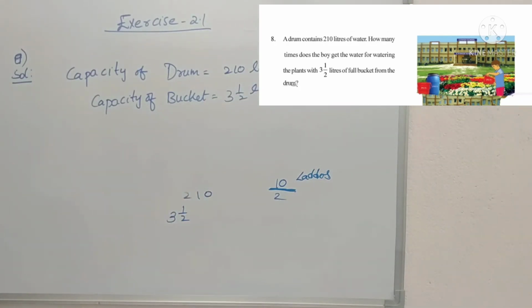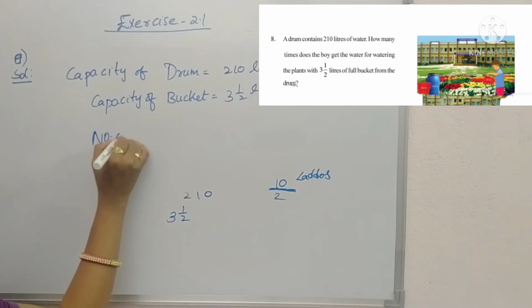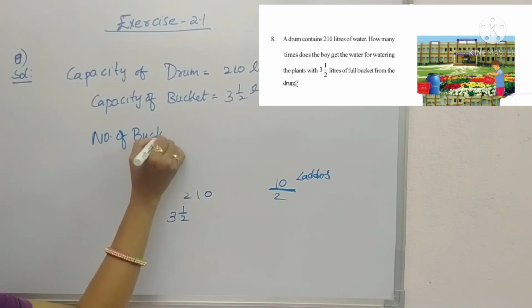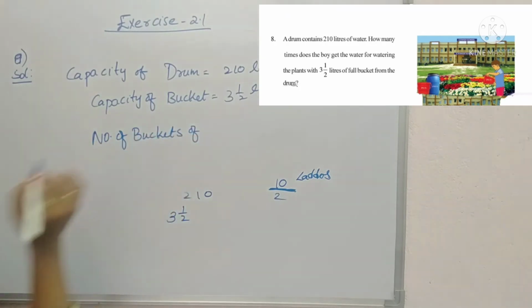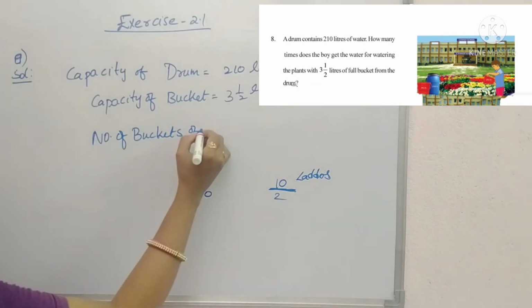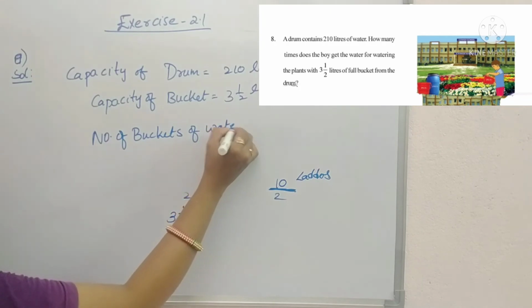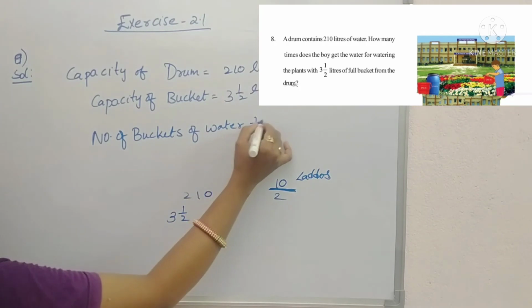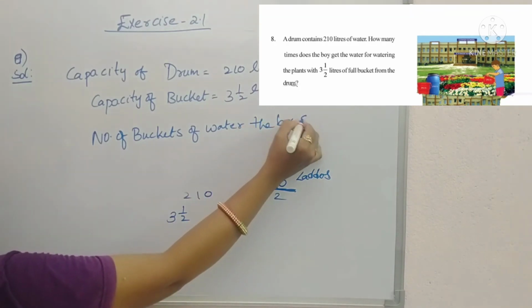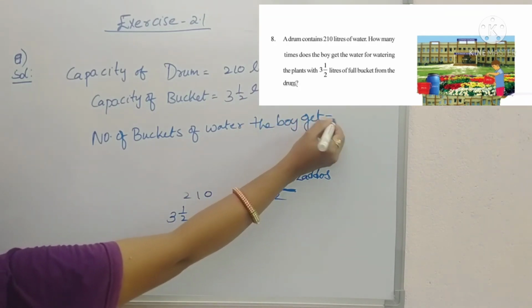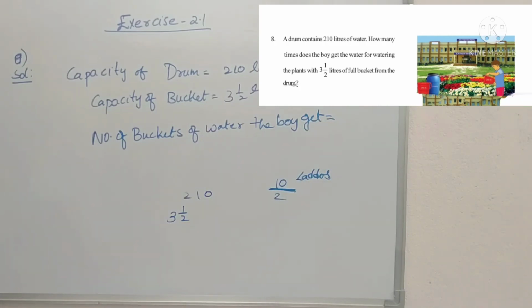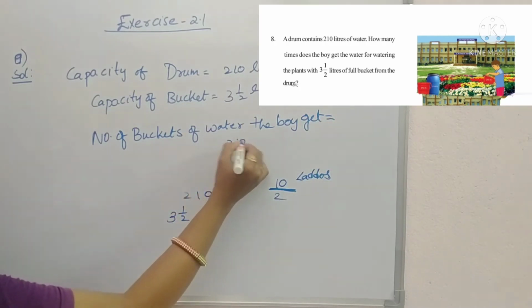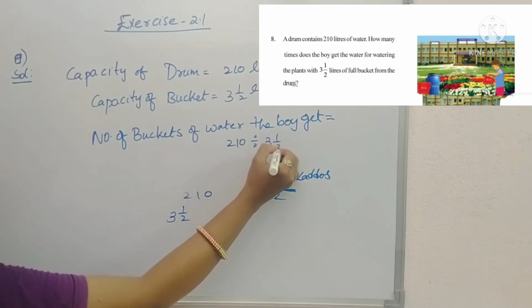So, number of buckets of water will get. So the question: how many times does the boy get the water, right? Number of buckets of water the boy gets is equal to 210 divided by 3.5.